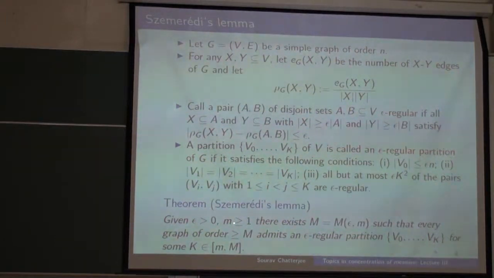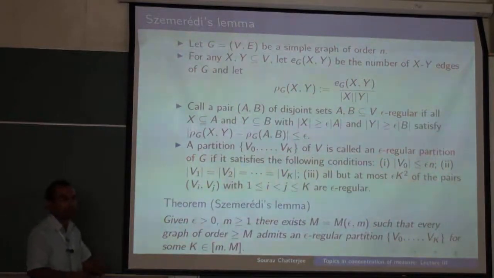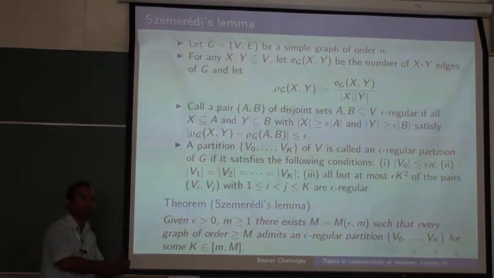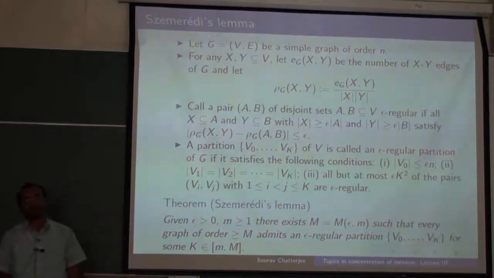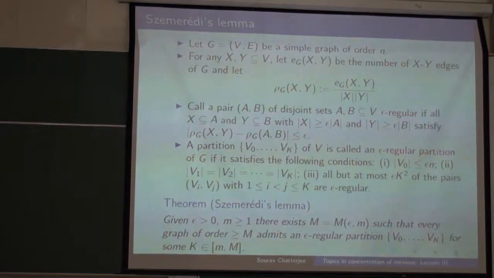And there is also a little m here, which says that if you want a large number of blocks, then Szemerédi's lemma can also give you that. It's not as if you will get 2 blocks always. So if you want at least 10 blocks, Szemerédi's lemma can give you at least 10 blocks. Okay. So this is a remarkable result if you haven't seen it before.